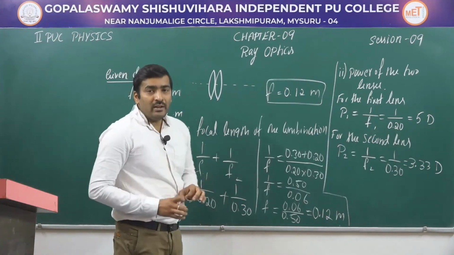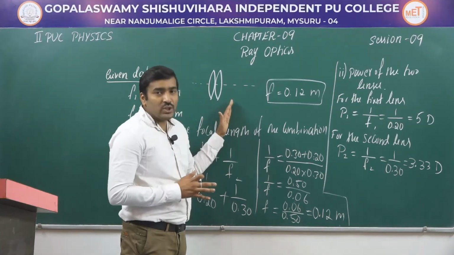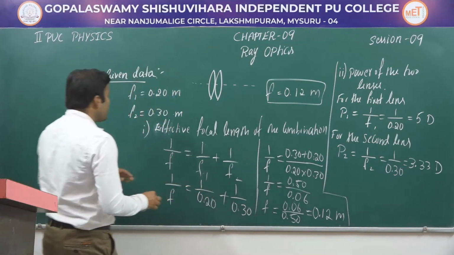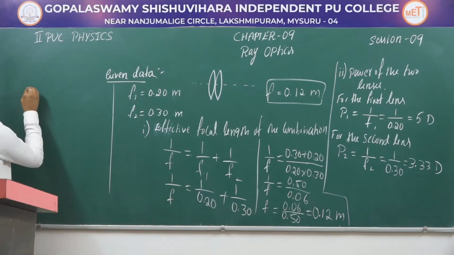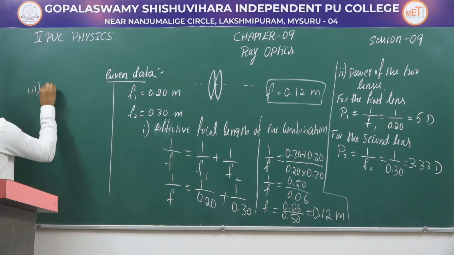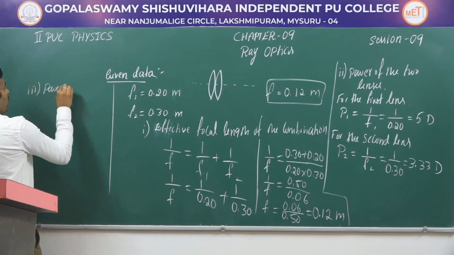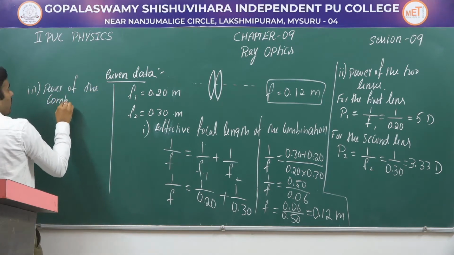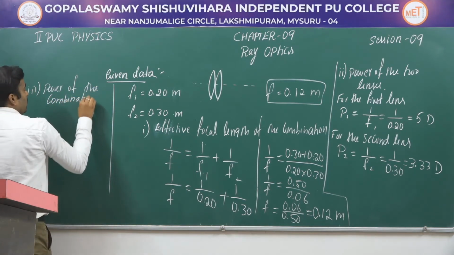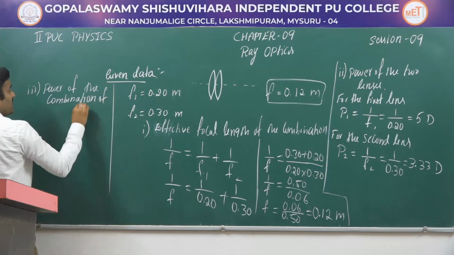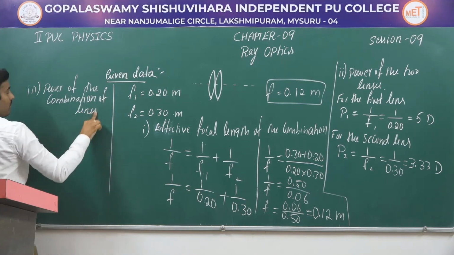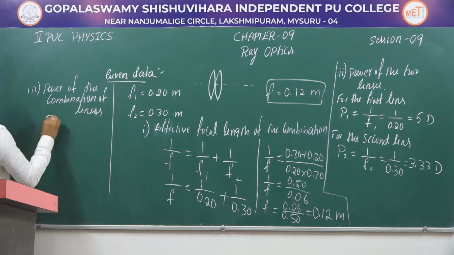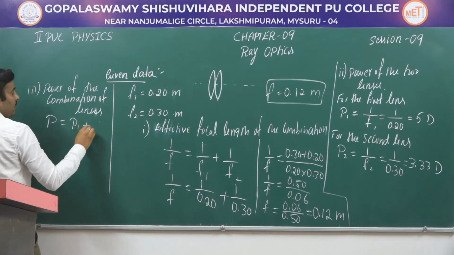Now we need to find the effective power of the combination of the lenses. So how do you find this? Let me write it here. The power of the combination of lenses is equal to P1 plus P2.